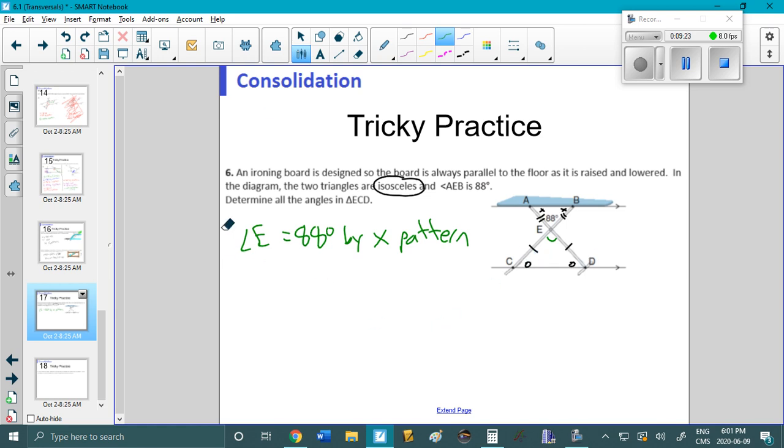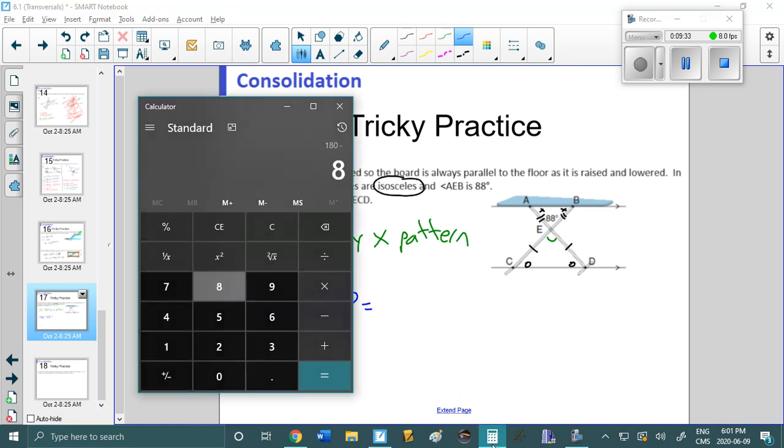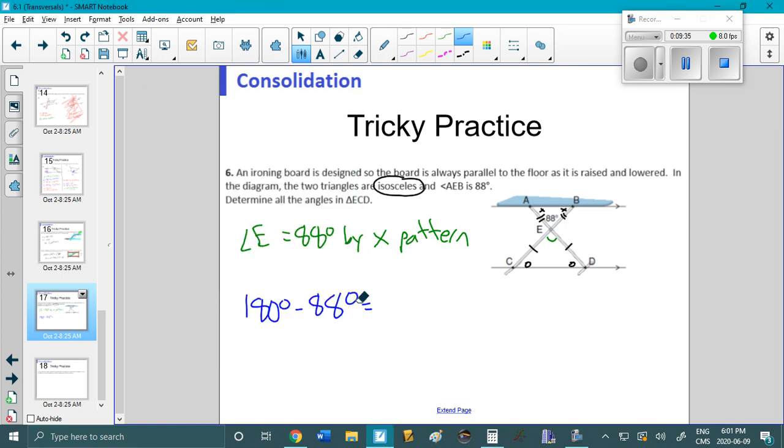Well, that's tricky, unless you remember that all the angles in a triangle add up to 180. So let's do 180 minus 88. If we do 180 minus 88, we get 92 degrees. This is for both other angles combined.